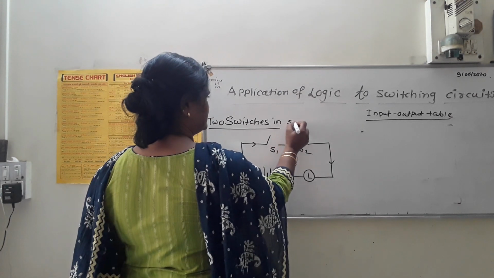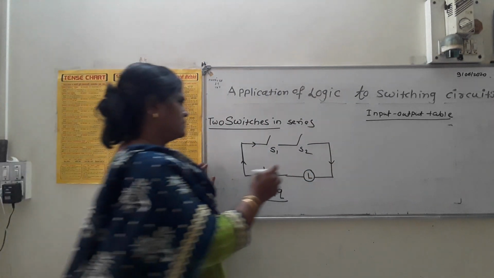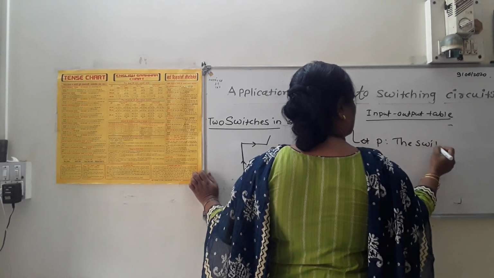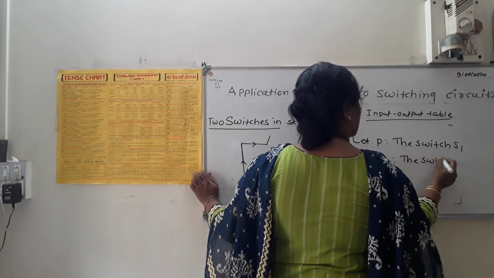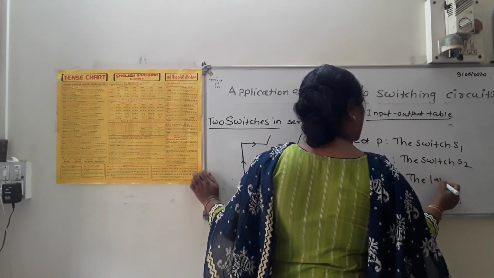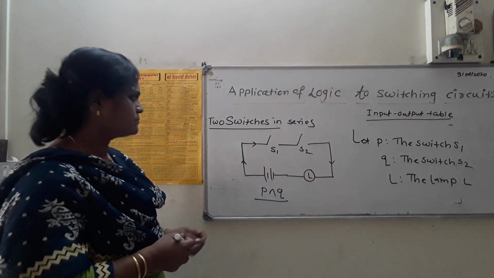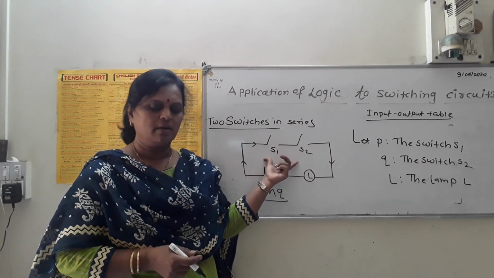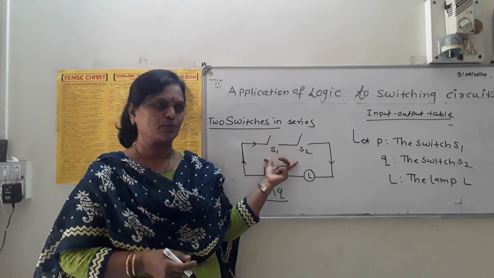Here let P be the switch S1, same thing, Q the switch S2, and L the lamp L. Okay. And now in this, the current will flow only when both the switches are closed.